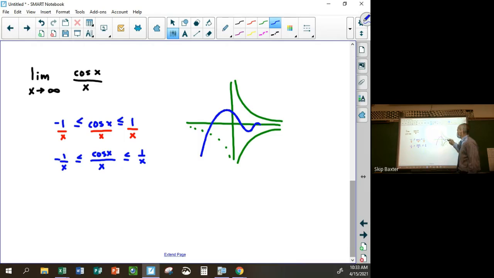Maybe it looks like this. But the point is, the way the squeeze theorem works here is, if I know that the limit as x goes to infinity of 1 over x is 0, which it is, look at the graph, and I know that the limit as x goes to infinity of negative 1 over x is also 0, which it is, look at the graph, then the third function that's always in the middle has to go to 0 as well. So this answer would be 0.